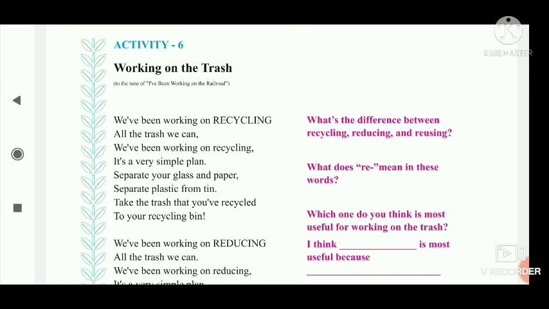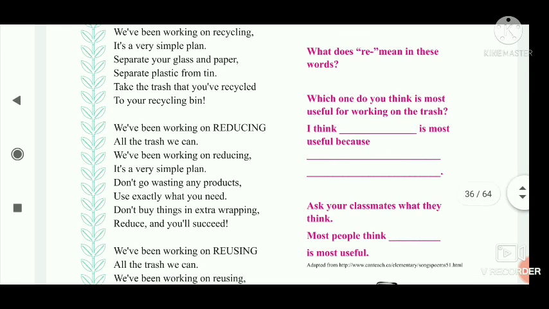Second, okay, we have been working on reducing. How to be working on reducing? Okay, all the trash we have been working on reducing. It is a very simple plan. How? Don't go wasting any product, but use exactly what you need. यानी कि जिसकी जितनी भी ज़रूरत है इतना ही आपको हमें यूज़ करना है. Don't buy things in extra wrapping, यानी कि जिसकी जितनी भी ज़रूरत है हमें इतनी बाय करना है, ज़्यादा हमें उसको बाय करना नहीं है, क्योंकि और ज़्यादा बाय करेंगे तो बचेगा तो हम उसको फेंक देंगे, तो फिर हमें ऐसा नहीं करना.